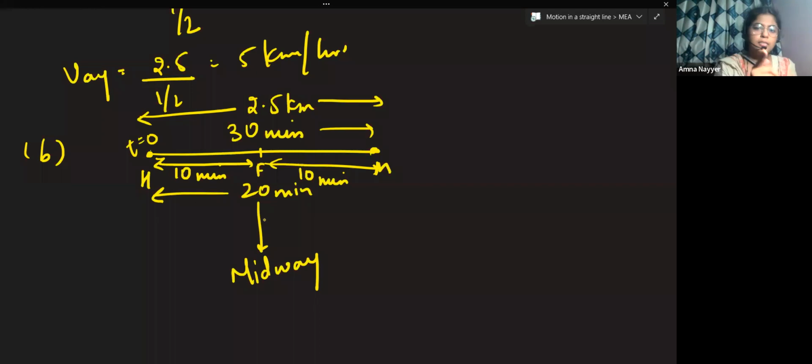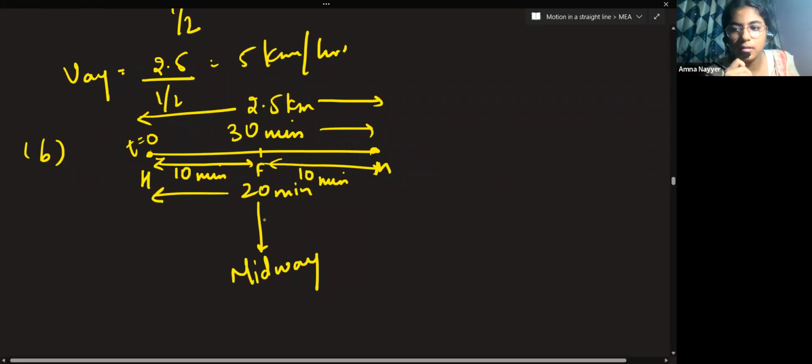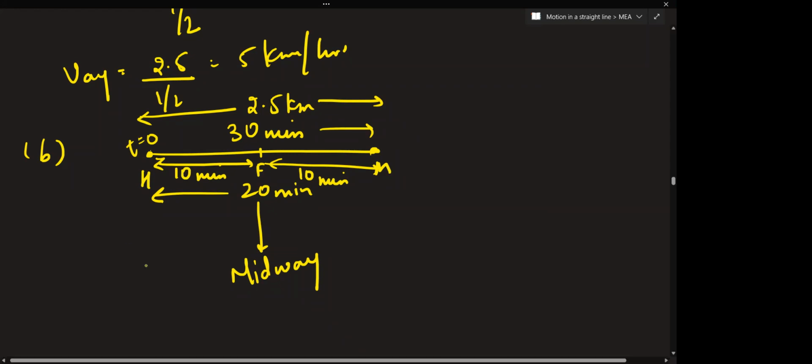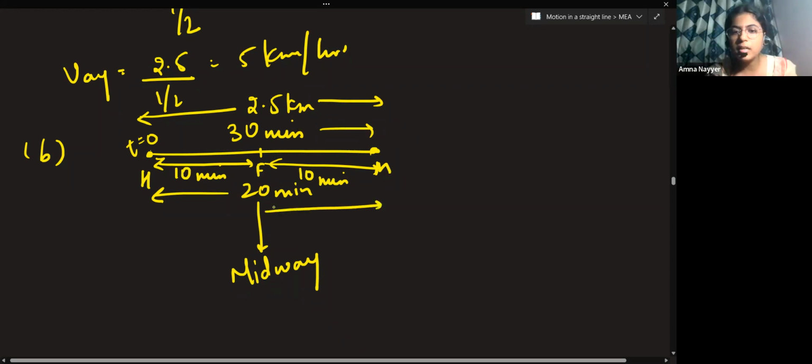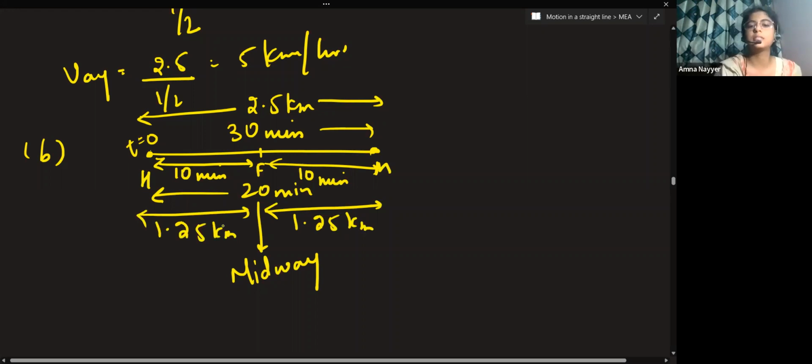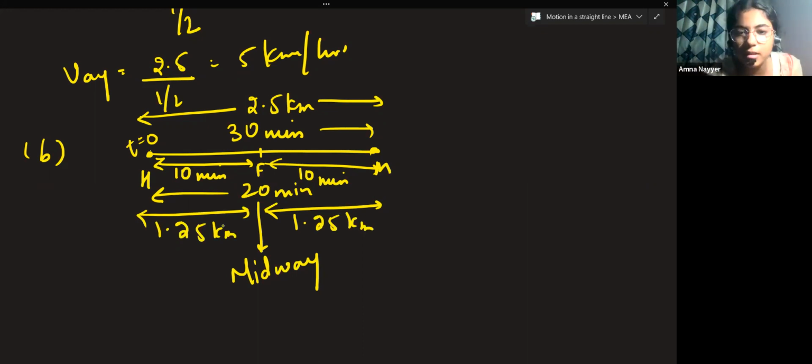Aisha, did you understand this part? Or should I repeat it once? Yes, I understood. All right. So if this is midway, then obviously this will be 1.25 kilometers, and this will obviously be 1.25 kilometers, because half of 2.5, these both will combine and make 2.5 kilometers.